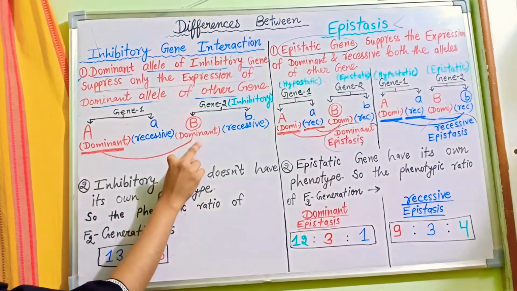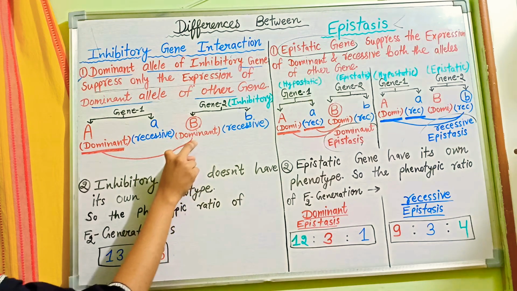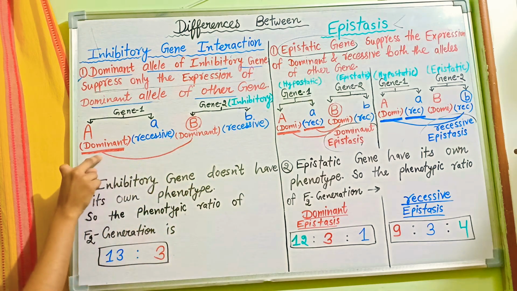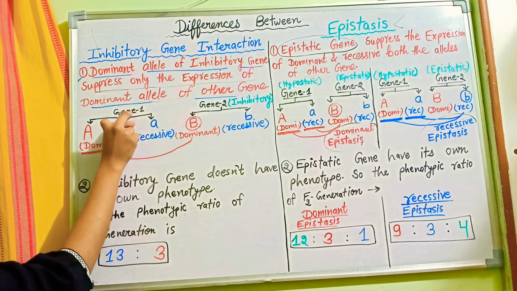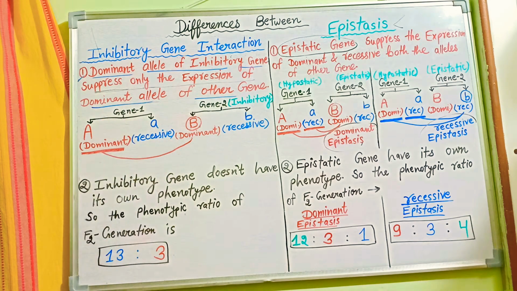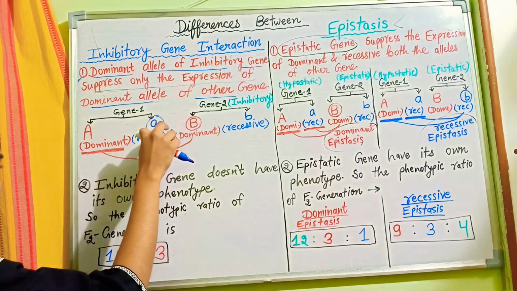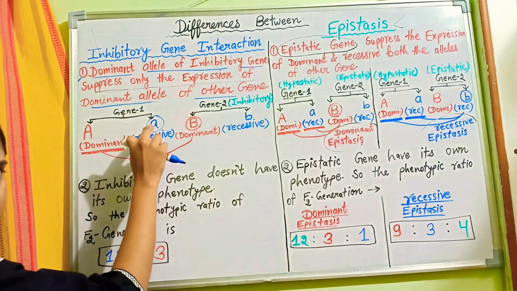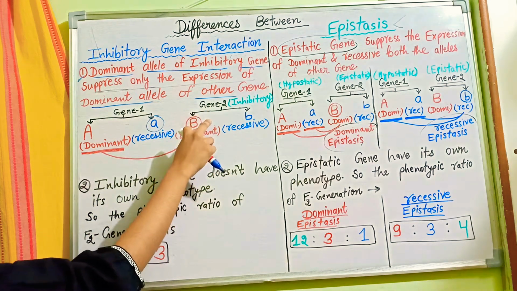You can see here that the dominant allele of the inhibitory gene suppresses only the dominant allele of gene 1, the other gene. The recessive allele is not inhibited, affected or suppressed by the dominant allele of the inhibitory gene.